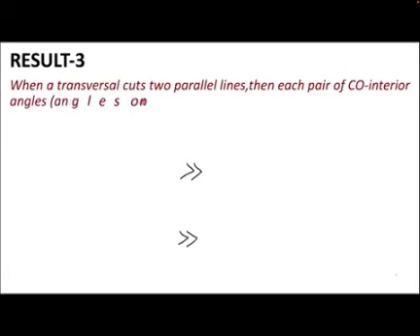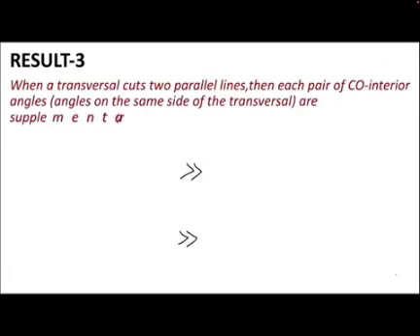Next one, result 3. In result 1 we learned corresponding angles are equal. In result 2 you learned alternate angles are equal. Let us see what result 3 is. When a transversal cuts two parallel lines, then each pair of co-interior angles are supplementary, meaning their sum is 180 degrees.